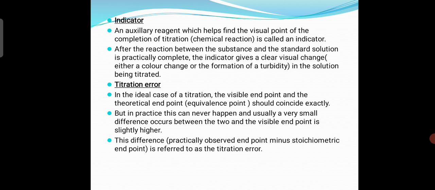Then titration error. Titration error means in case of titration there will be an end point and there will be an equivalence point, theoretically and practically. Sometimes they will be the same, sometimes they will be slightly different. So that difference is known as titration error.